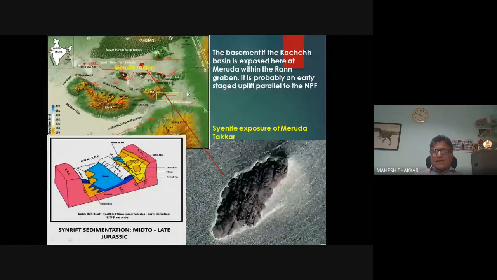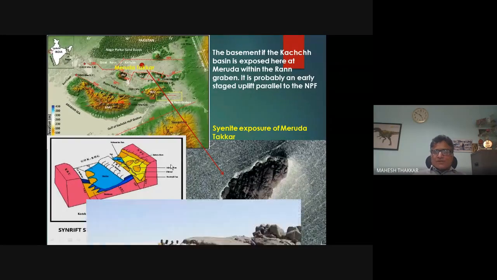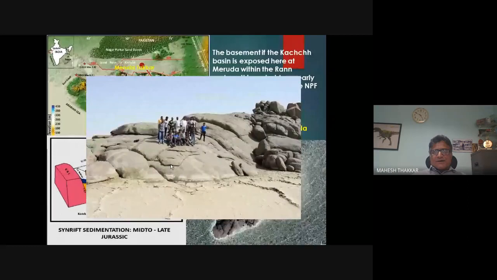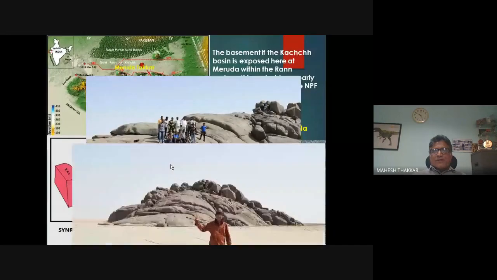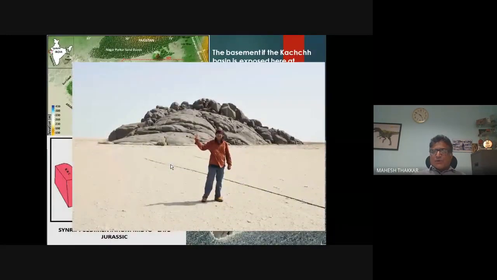And it is very important to show you this picture of the actual site. This is that actual site. You can imagine a very small hill in a desolate Run. It is very interesting to find.